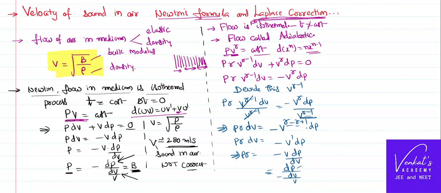See, this is also change in the pressure by change in the volume to its original volume, like I said earlier, the same. So that's nothing but equal to our bulk modulus itself. So this value is nothing but bulk modulus. So here you found bulk modulus as P, but here it's not P, P gamma is bulk modulus.